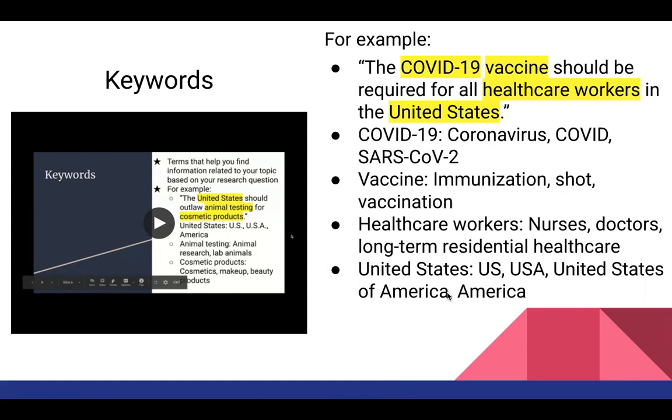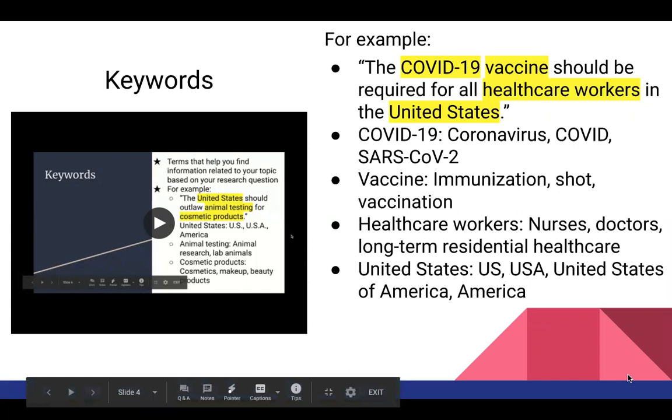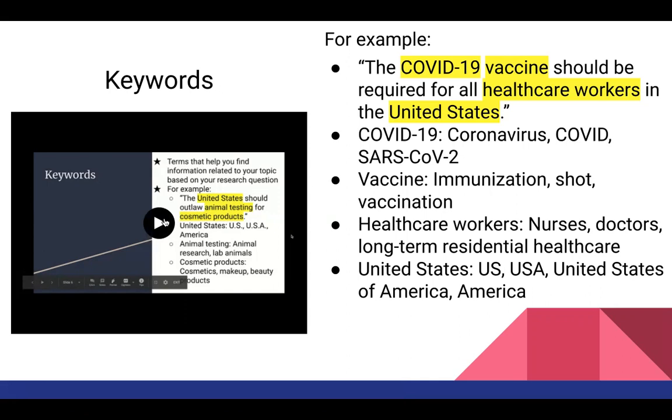You can see I've done some of that here. The reason we're doing that is because later on when we get into databases and the library catalog, it will be helpful for us to have as many good variations of terms as possible. So I highly recommend this exercise when you're doing research. And there's a video here in the slides about it if you want to watch in more detail.